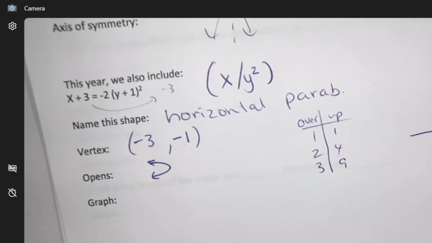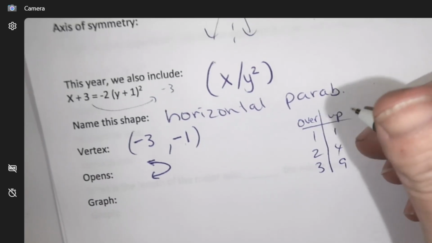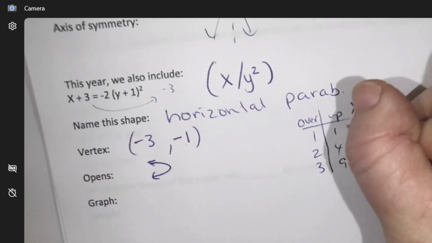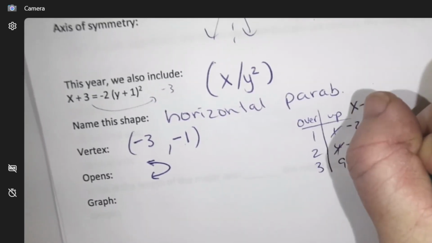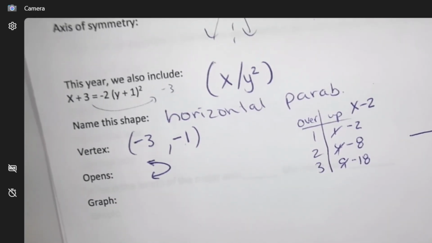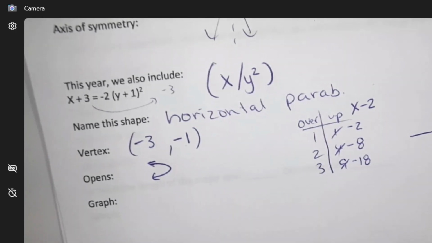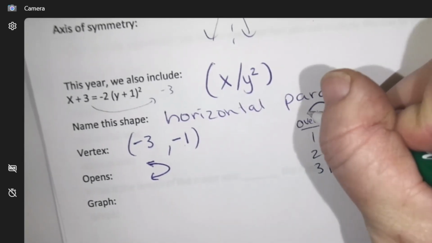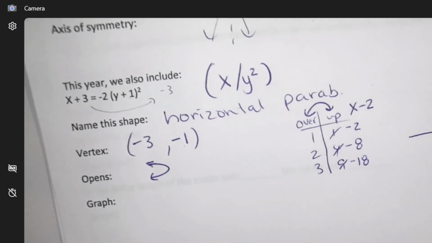So 1, 1, 2, 4, 3, 9, but I have to multiply by -2. And because this is horizontal, you're really switching your over-ups.